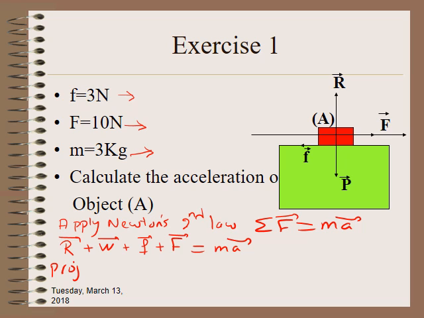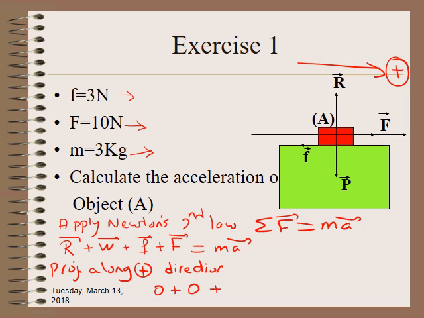Projection of these forces along the positive direction: projection of R is 0, projection of W is 0, projection of friction is minus f, projection of traction is F. So F minus f equals ma.